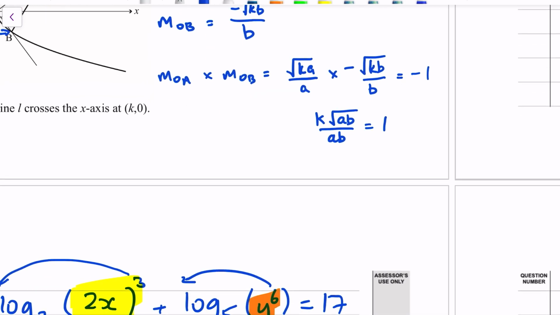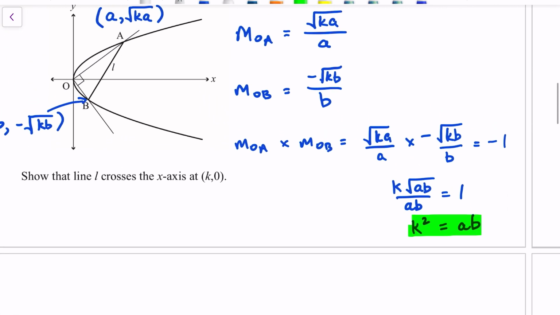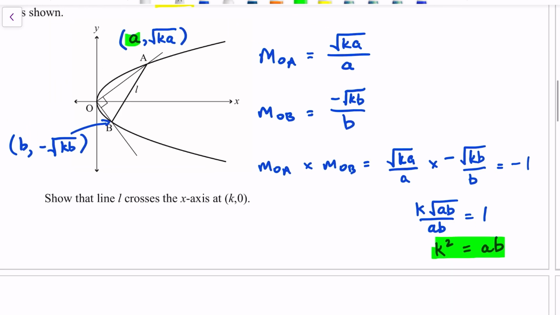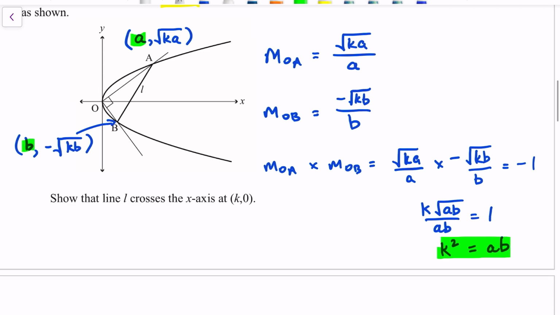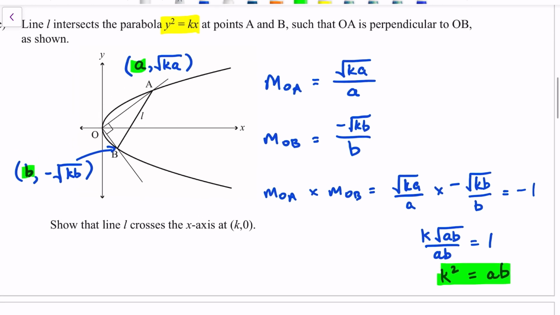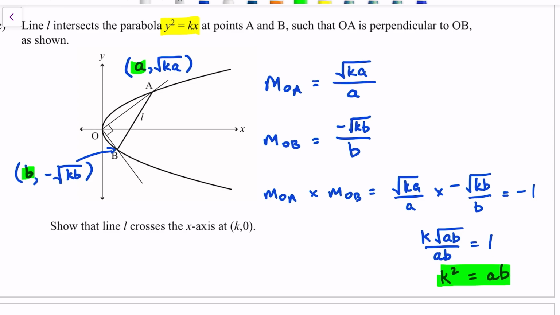And then lastly, if I square both sides and rearrange it, I come out with K squared is equal to AB. So that's a special relationship here that tells us that if these coordinates are such that the lines from the origin to those coordinates are perpendicular lines, then the x values, A and B, of the points will multiply to equal K squared, where K is from the parabola equation.